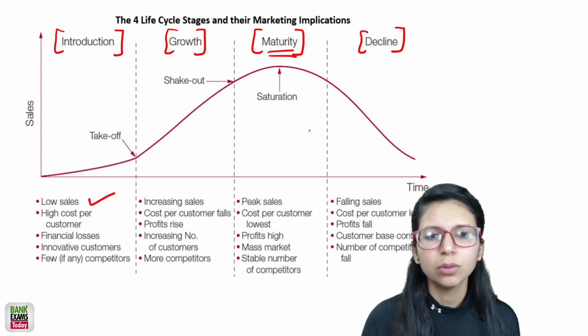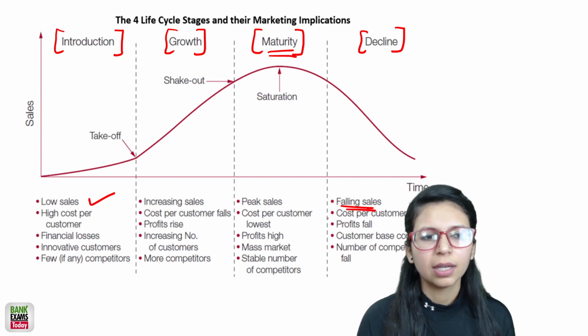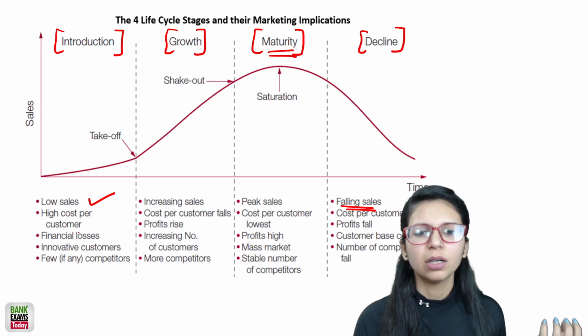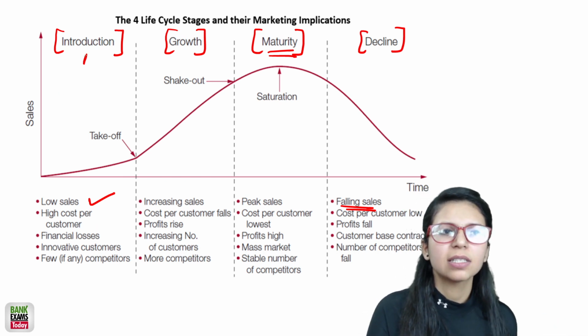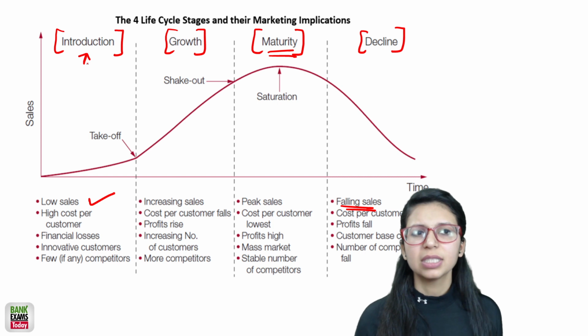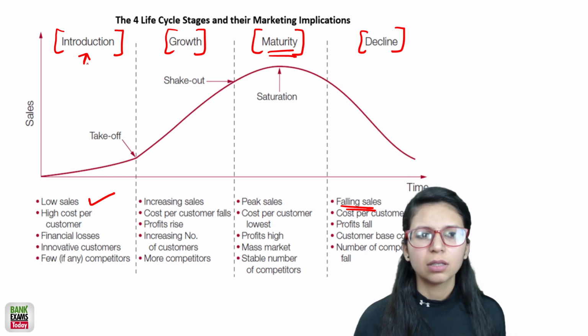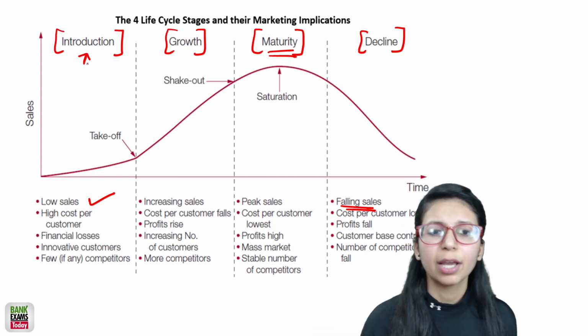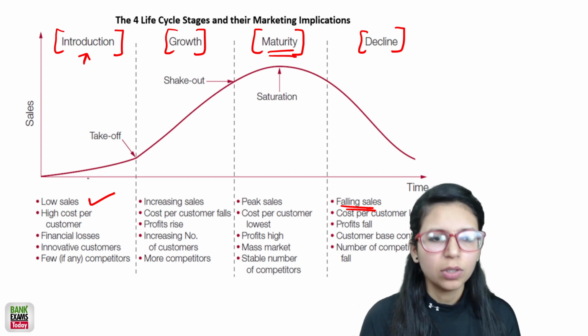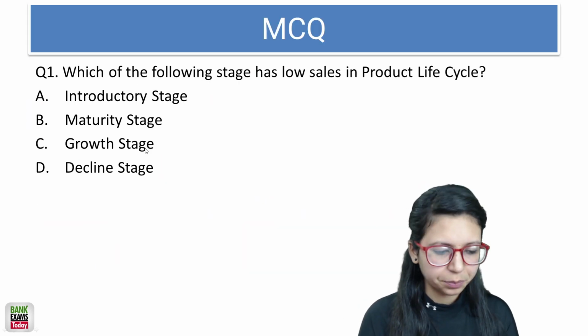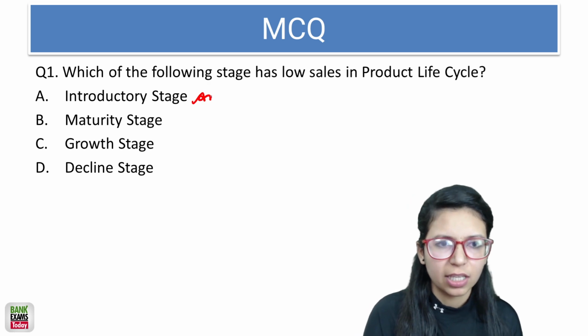Here also the sales are falling, but ultimately we can call the low sales to be in the introduction stage, where the product yet has to take off and grow, right? So your answer here will be introductory stage.